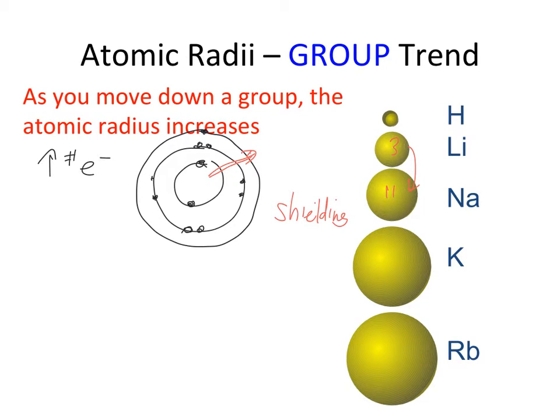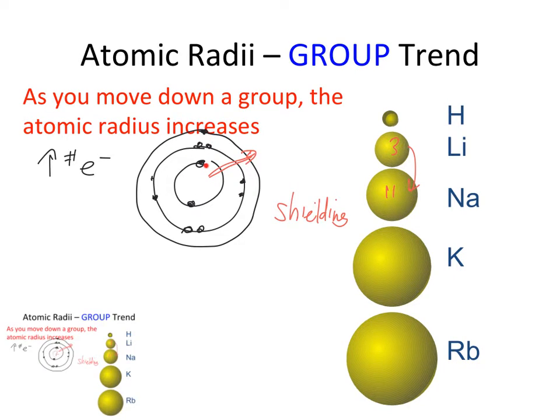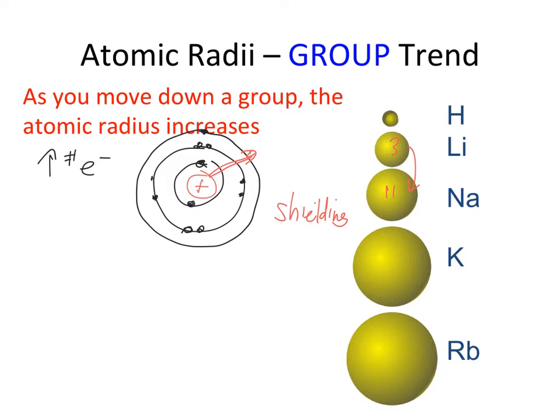As we add more electrons to these energy levels, for example this one over here, it's not as attracted as maybe these electrons are to this positive nucleus. So not only will it be farther out, but it also will have less attraction to this nucleus.